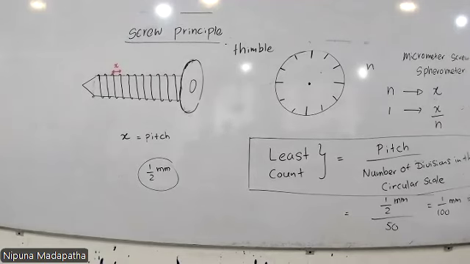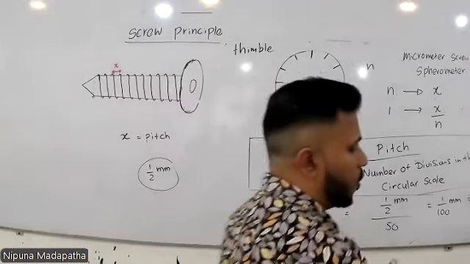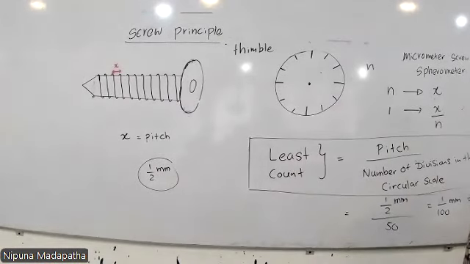And sometimes they are not giving the pitch directly. In an instrument, when the thimble of the screw rotates 2 full revolutions, the tip of the screw goes forward 1 millimeter.